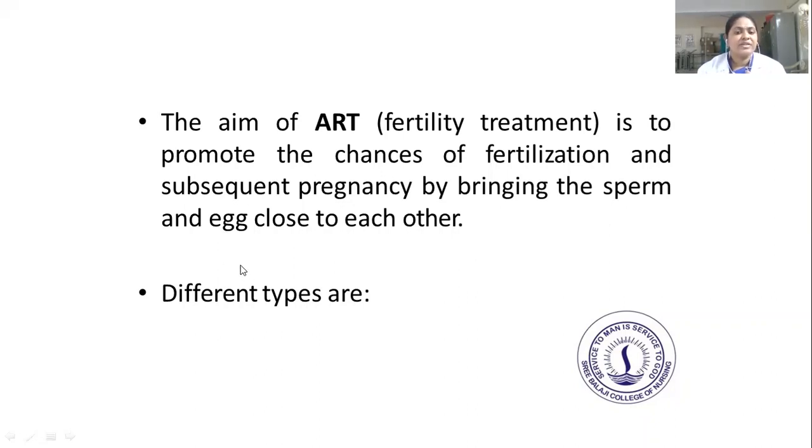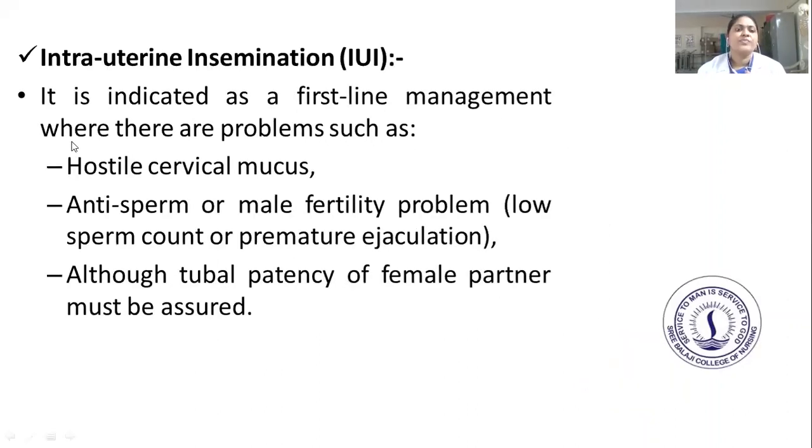So there are different ways of making the sperm and the egg get close to each other. One is intrauterine insemination. This is the first line treatment for infertility.